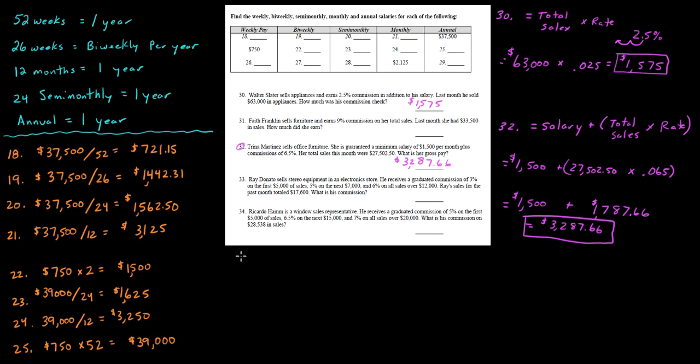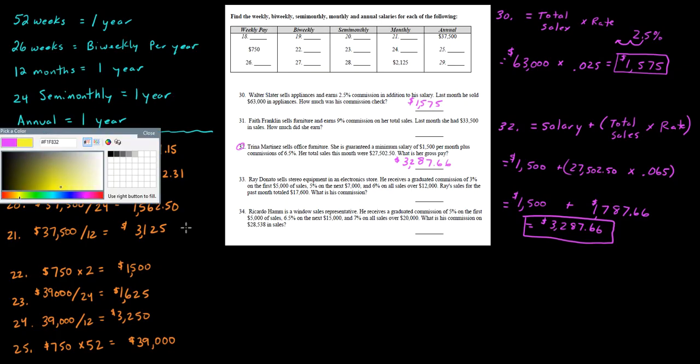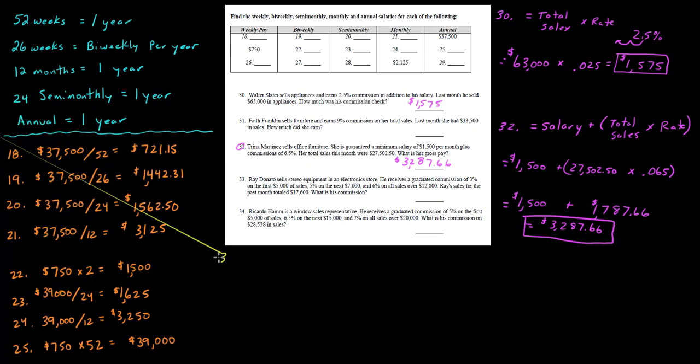Last but not least, let's look at number 34. I'll change the color again because we're getting a lot of numbers on the screen here. So for number 34, what I've got is a graduated commission. And what I get here is on the first $5,000, it looks like I make 5%, or Richard makes 5% commission.